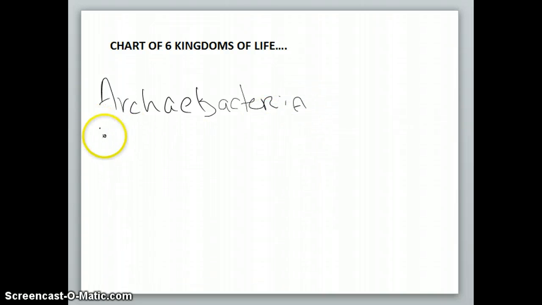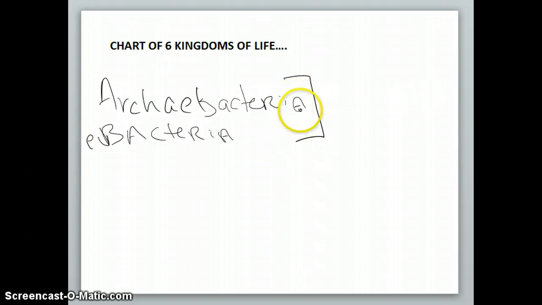We also have what's considered the true bacteria. I just say it's bacteria, or sometimes we put a true, eubacteria. These are our 2 bacterial kingdoms. They're in separate kingdoms because their evolutionary origin is quite different. Their DNA is very, very different, the codes of their DNA.